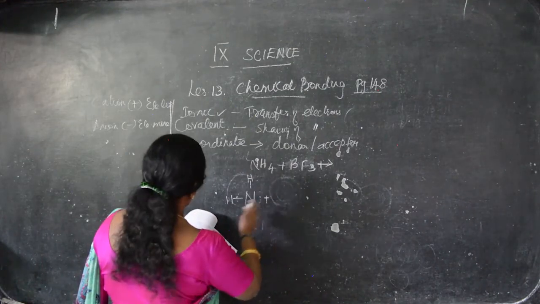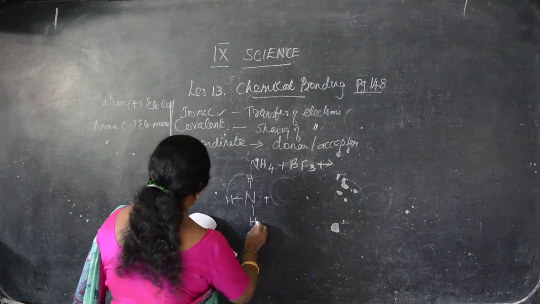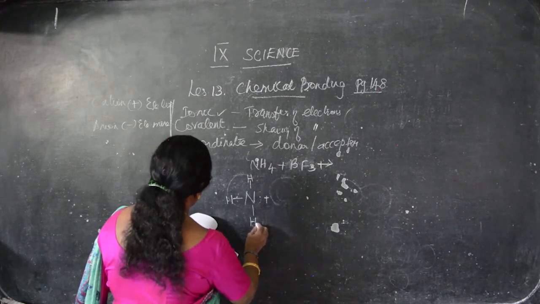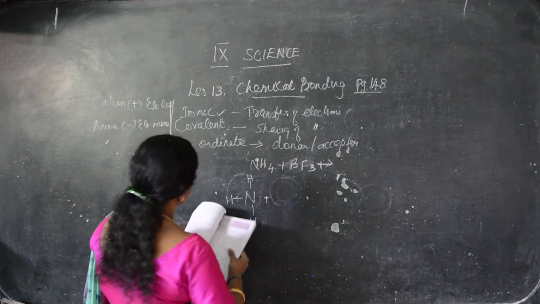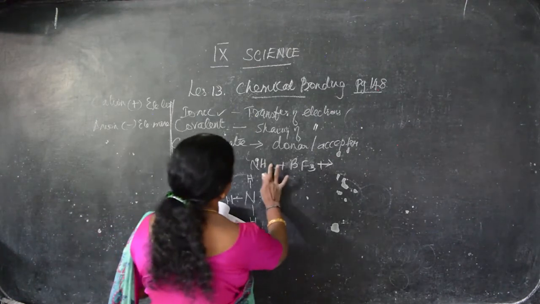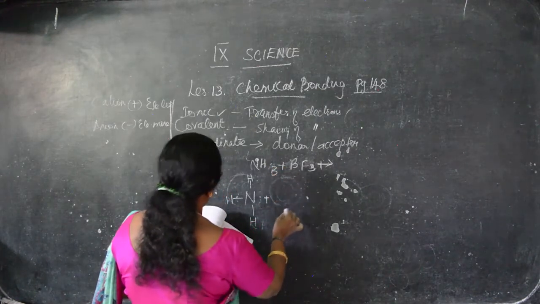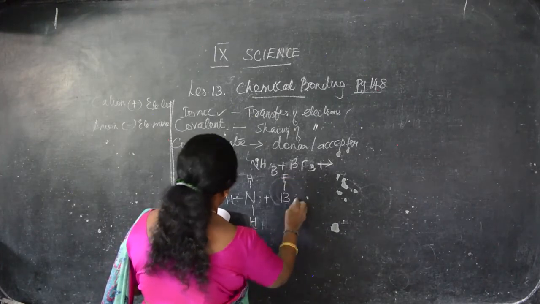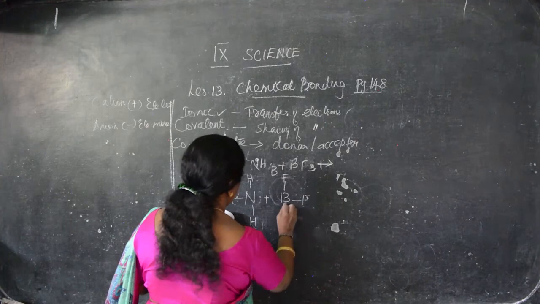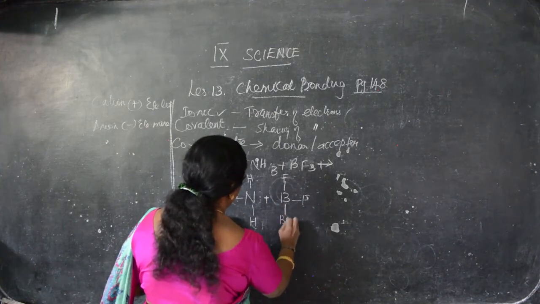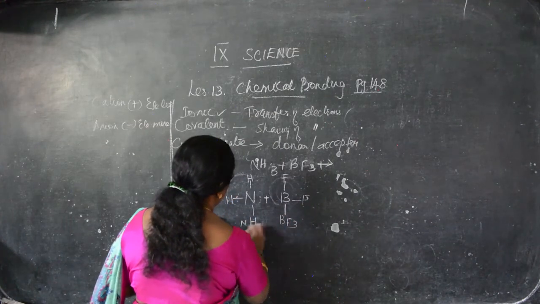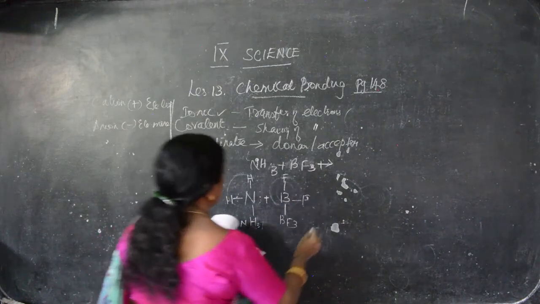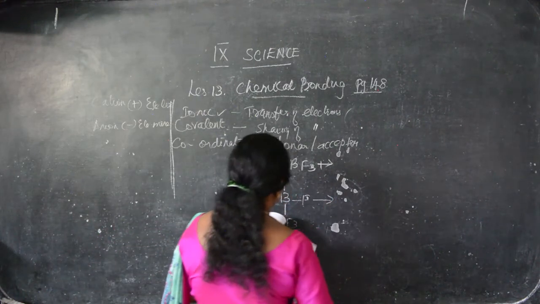This is NH4, B, F. After that they form together. How will it be?